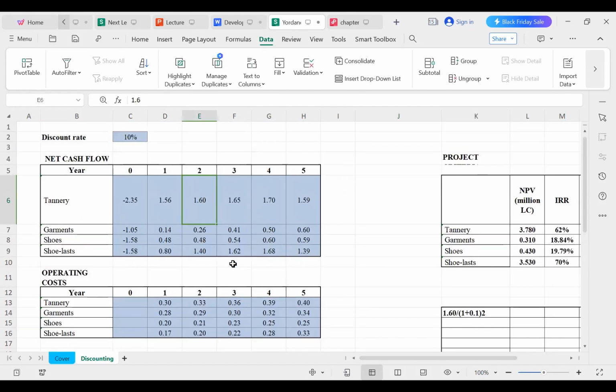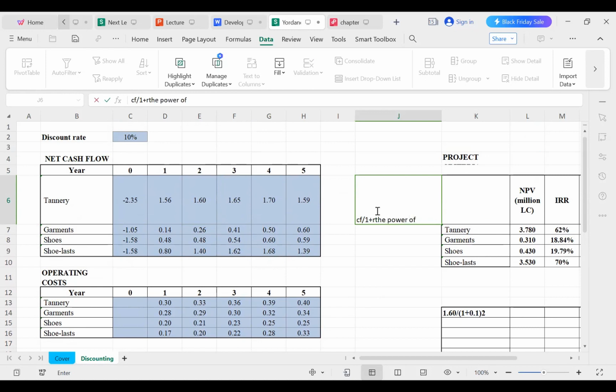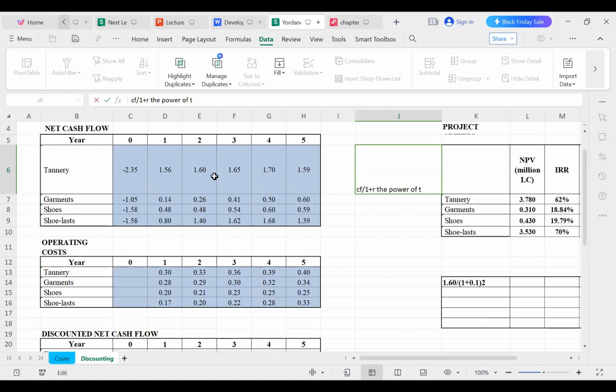This number is divided by 1, because 1 is given already. So the discounted cash flow formula is cash flow divided by 1 plus R, to the power of time. That's what we are doing this way. For the second year, the cash flow is 1.60 divided by 1 plus 0.1, then the power of 2.